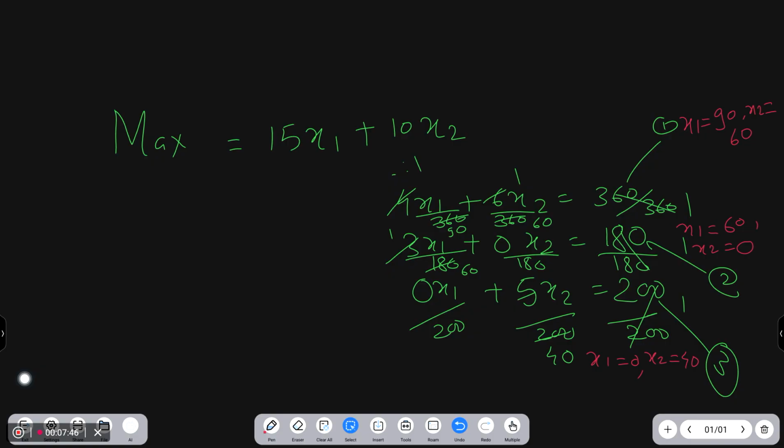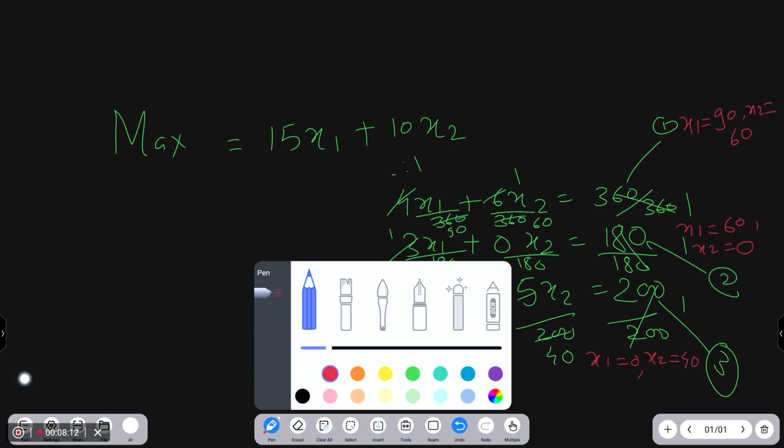What is the maximum value on x2? 60. So, generally can we say that 1 centimeter is equal to 10 units? We will treat it as 1 centimeter is equal to 10 units. And on x1, 90 is there and here 60 is there.